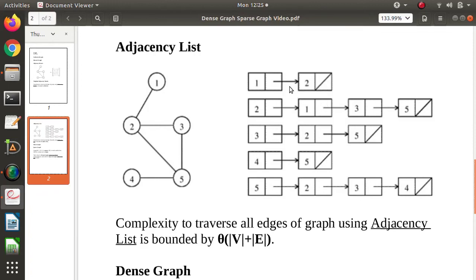Suppose we allocate two edges to one process. One process will get this edge and this edge, another process will get this, the third process will get this, the fourth process will get these two edges, and the fifth process will get these two edges. This is how equal distribution can be done among the processes.